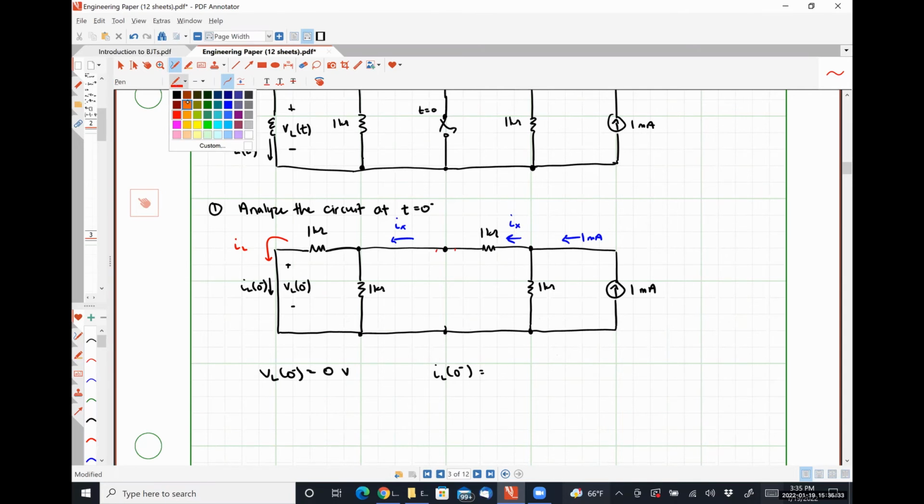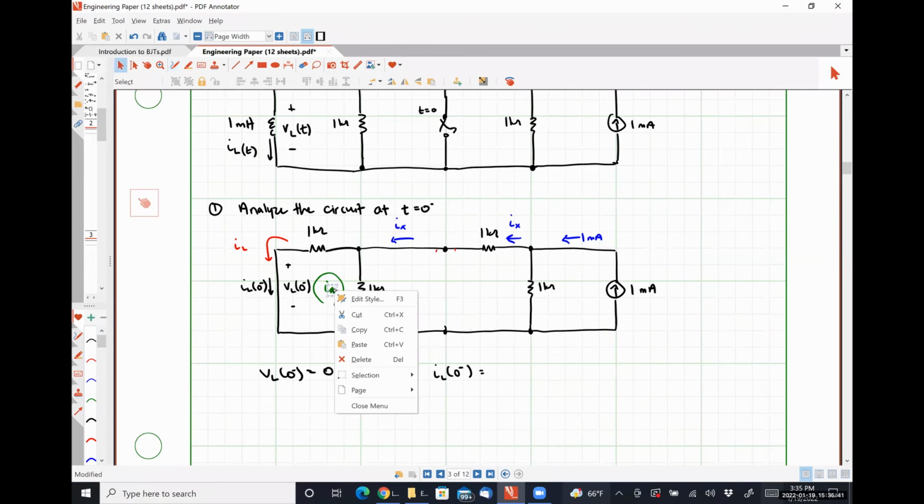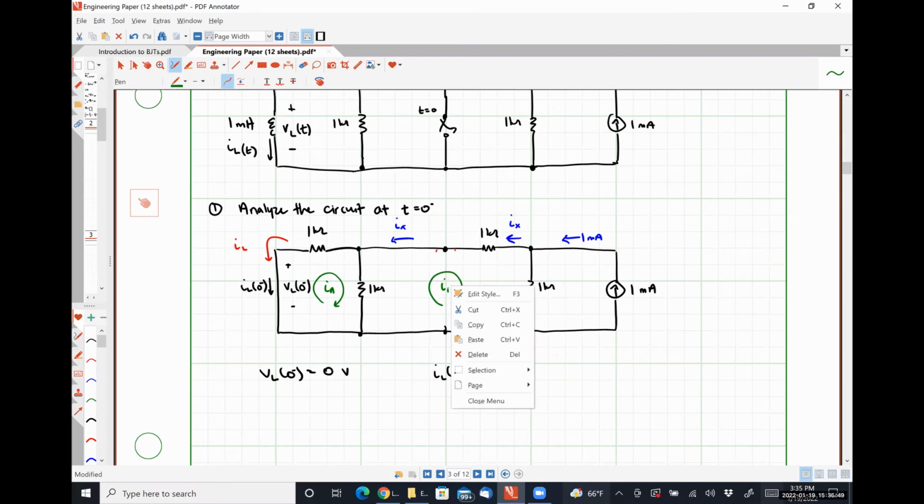I'll do these in green. All right. So let's call this guy right here our current IA. This guy right here, our current IB. And this guy right here, our current IC.